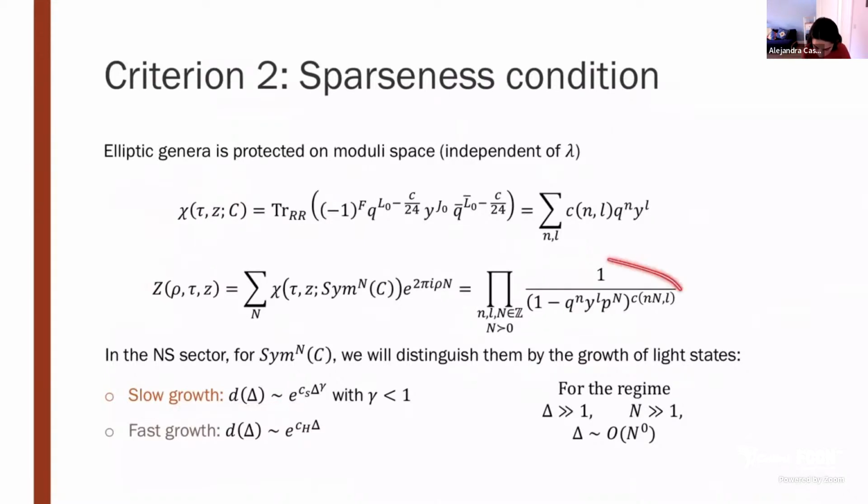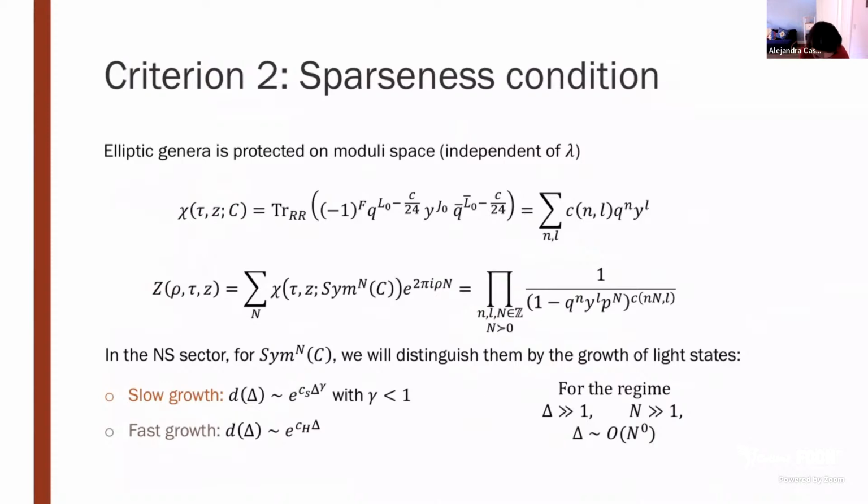We'll read off the growth of the coefficients from here and establish whether they fall into the slow category or the fast category. Here delta is a very big parameter, taken in the limit to infinity, but delta is not scaling with n. So you're not counting black hole states. You're counting perturbative states.